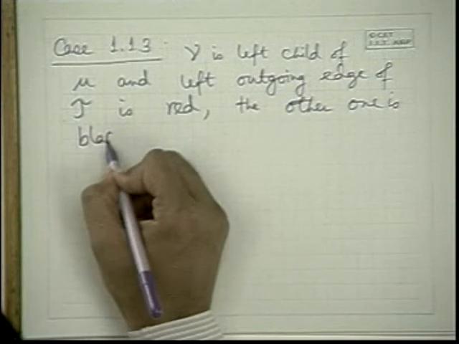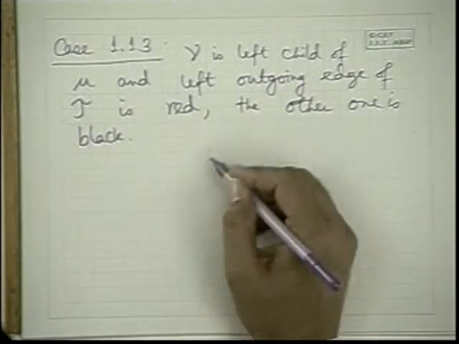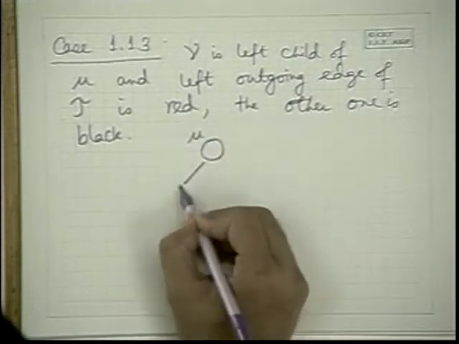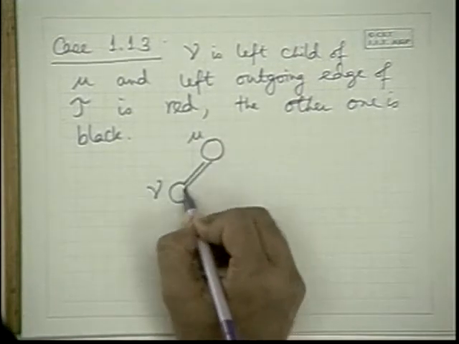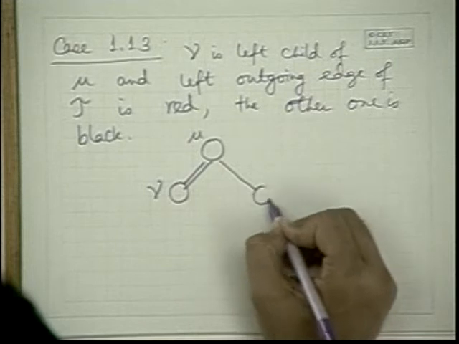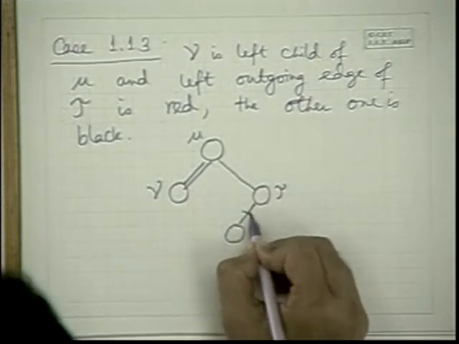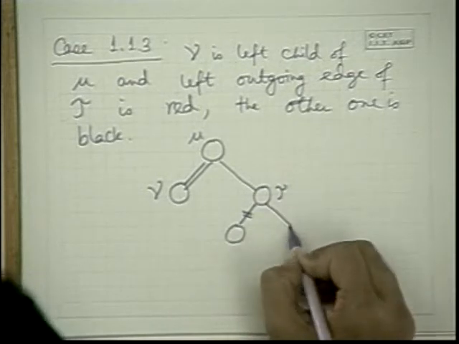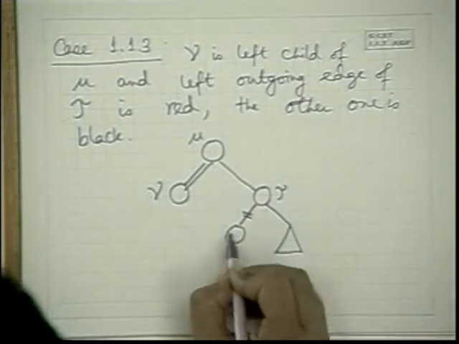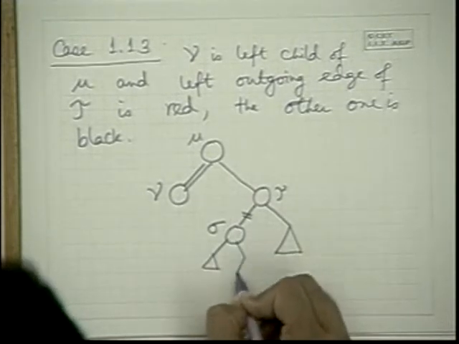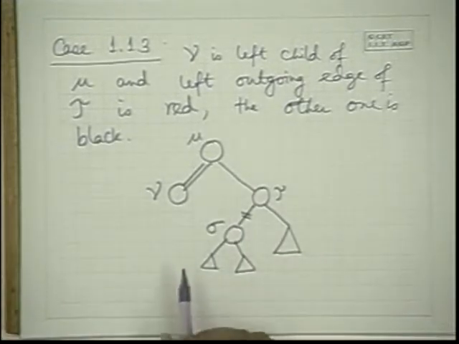Suppose this is the case. So if I draw the picture, this is mu, this is nu, this is double black. Now this is tau, this is red, this is black, we said. So this is the case now.